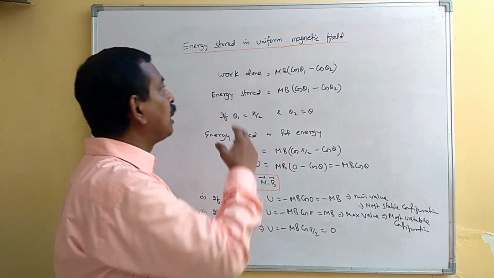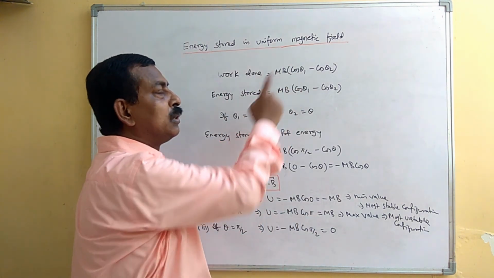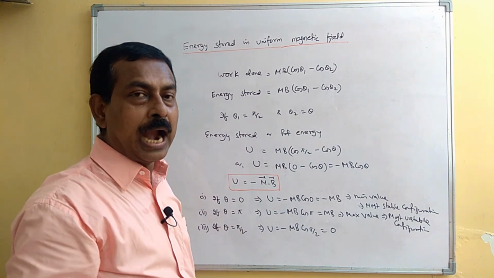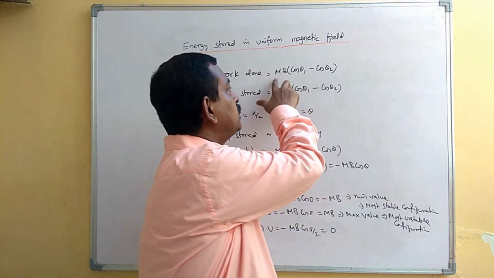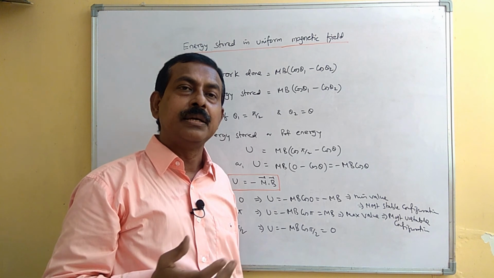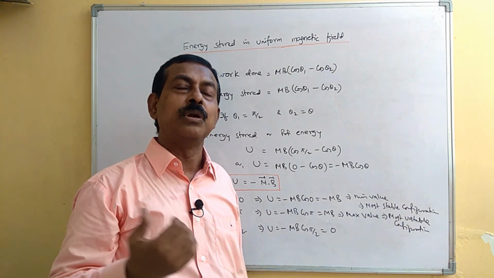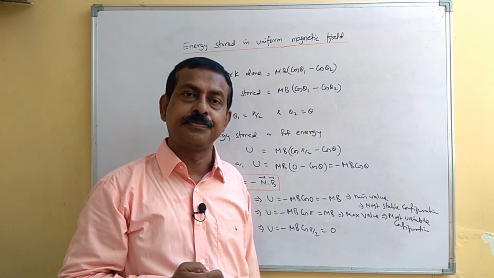We know the formula for the work done, and the most stable configuration is when theta is 0, and the most unstable is when theta is 180. So we put these in the formula for work done, and we can find the work done in rotating the magnetic dipole from most stable to most unstable configuration.